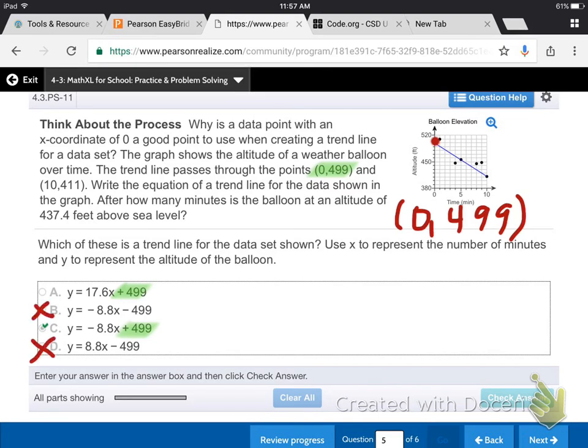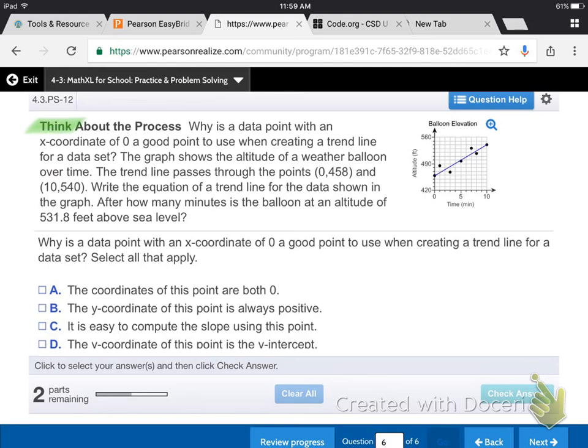And then also notice that the trend line is negative. So which one of the answer choices, A or C, shows a negative slope? It is clearly C. So we didn't even have to really work out the math on this one. We just needed to notice that the trend line was negative and the y-intercept was positive.